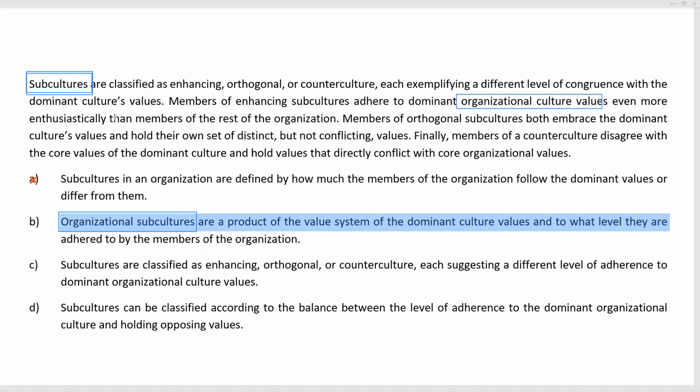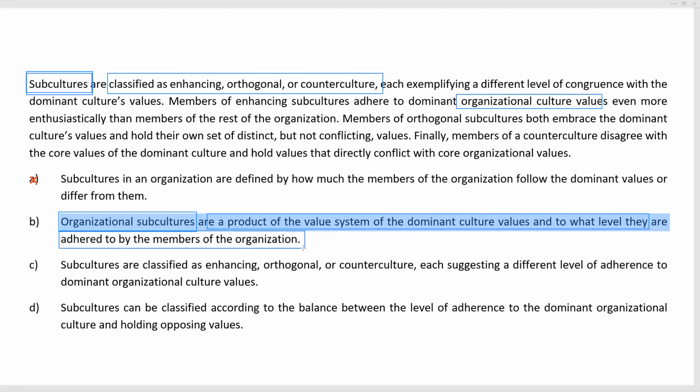That's the first problem. The second problem is that it says they are a product of the value system of the dominant culture and to what level they are adhered to. So this again omits the mention of the classifications. There's no mention of enhancing, orthogonal, or counterculture, not even a mention of classification. The third problem is to what level they are adhered to by the members of the organization.